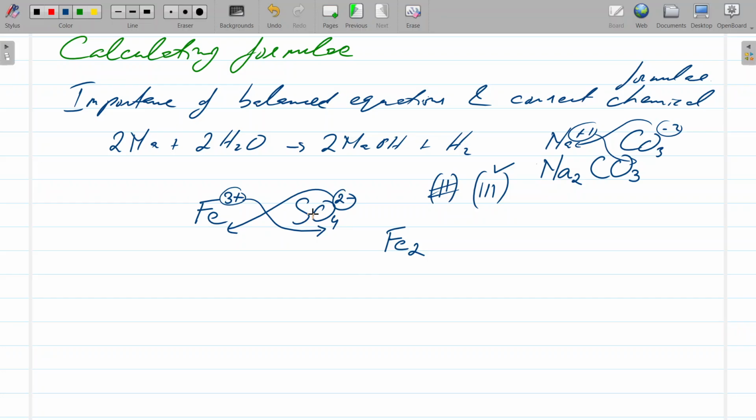Now for the 3, because this is a complex or molecular ion, don't multiply 3 with the 4 on the oxygen and say it's SO12. Then, will we write the negative 2? No, we won't put the negative. The negative and positive basically tell us that iron is losing electrons and the sulfate is gaining electrons.